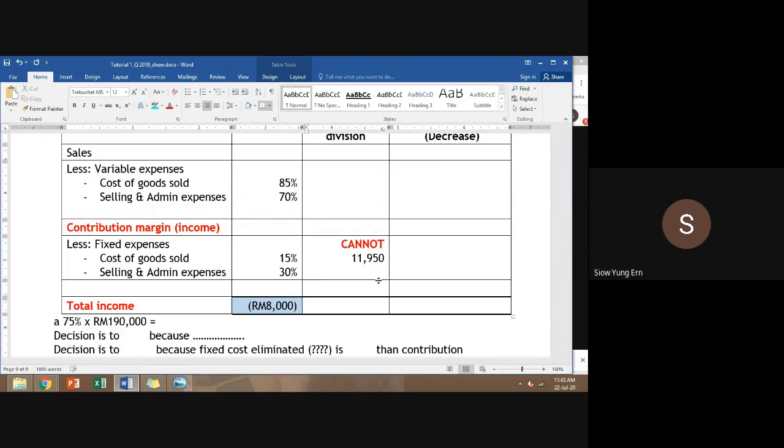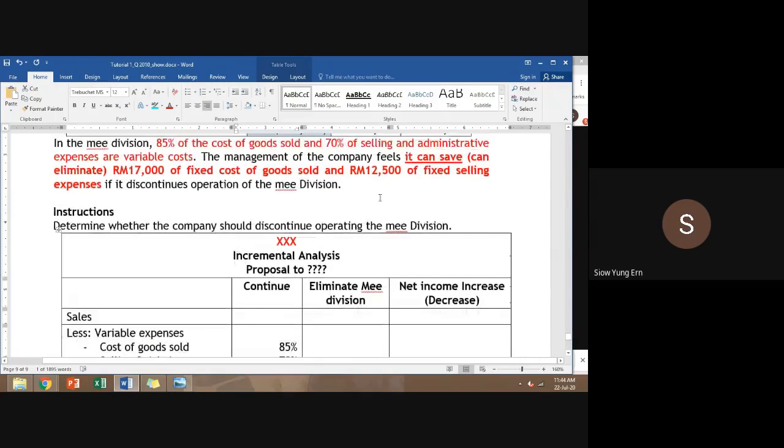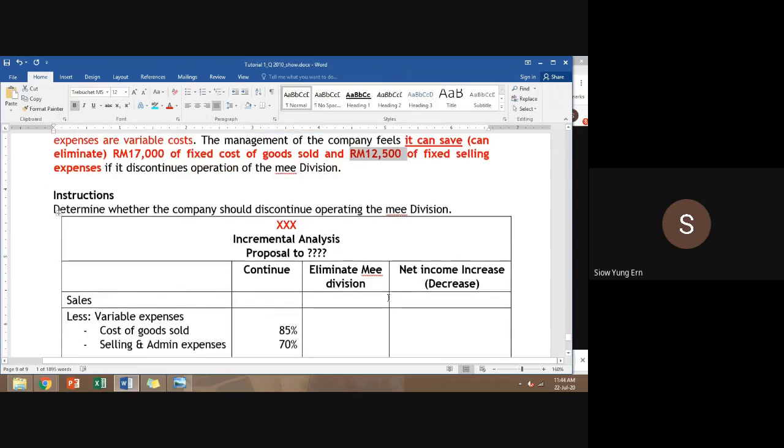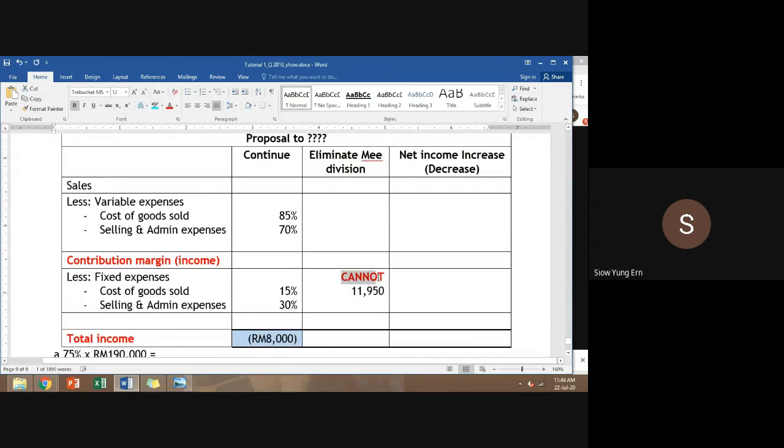What do you get? Correct, 10,000. Same principle, you take your fixed selling and admin, and then you minus off the can eliminate, you will get the cannot portion. Okay, 10,000.